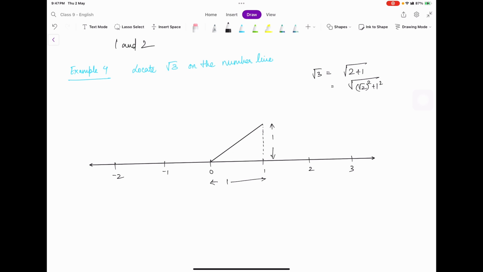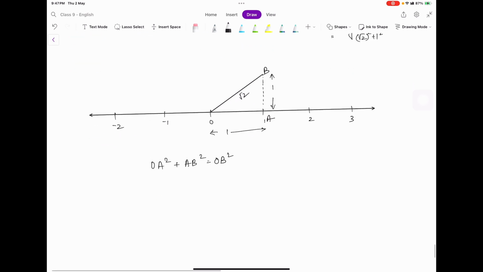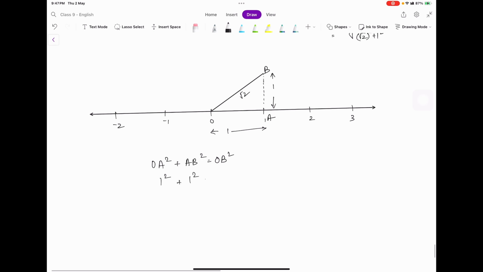So this is root 2, this is A, this is B. We know OA square plus AB square equals OB square. OA is 1 square, AB is 1 square, so OB square equals 2. So OB equals root 2.